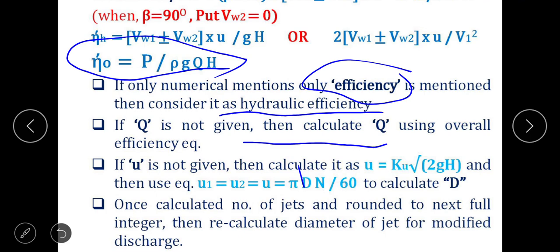Suppose you are getting 4.78, could it be possible to have 4.78 jets? The number of jets could be 4 or 5 or 3. No, it is not possible, so we have to round it off to the next full integer. In that case, we have to recalculate the diameter of the jet for modified discharge.